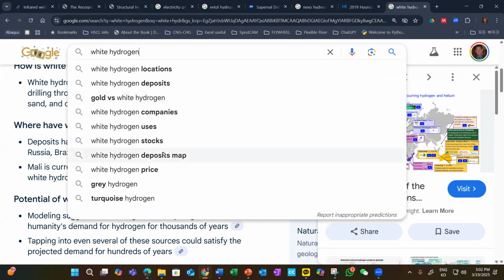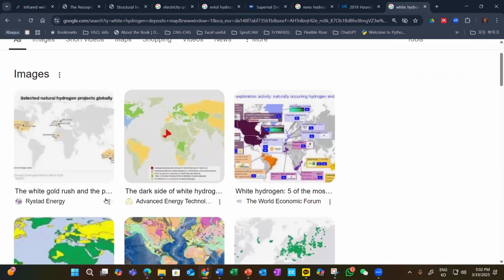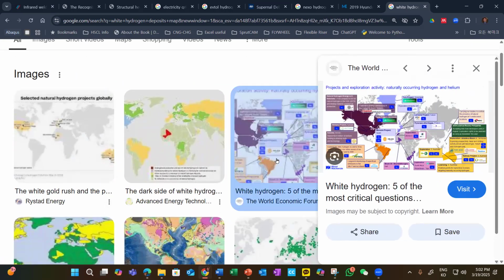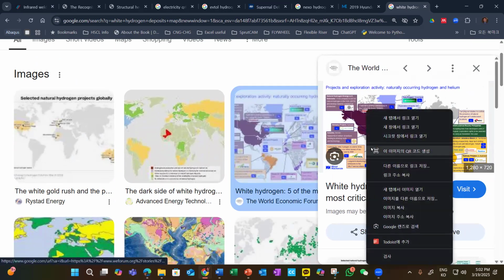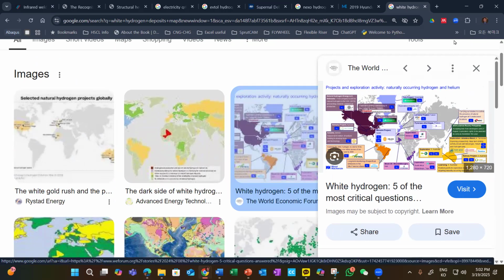Now there are lots of activities trying to find this natural white hydrogen.